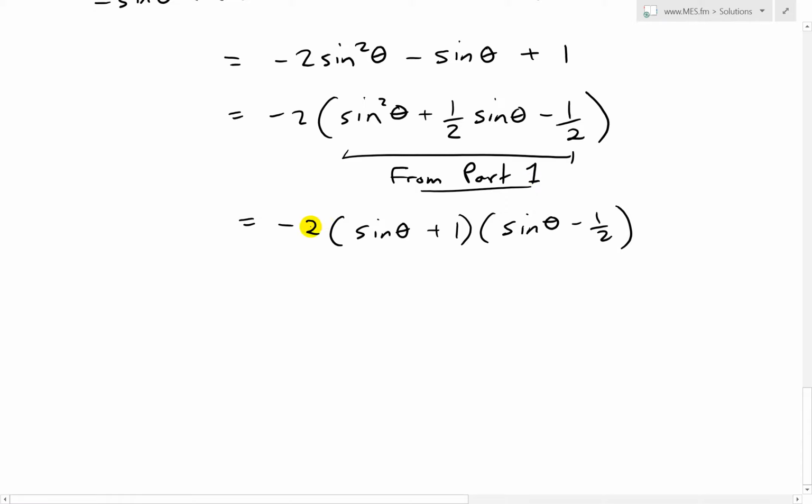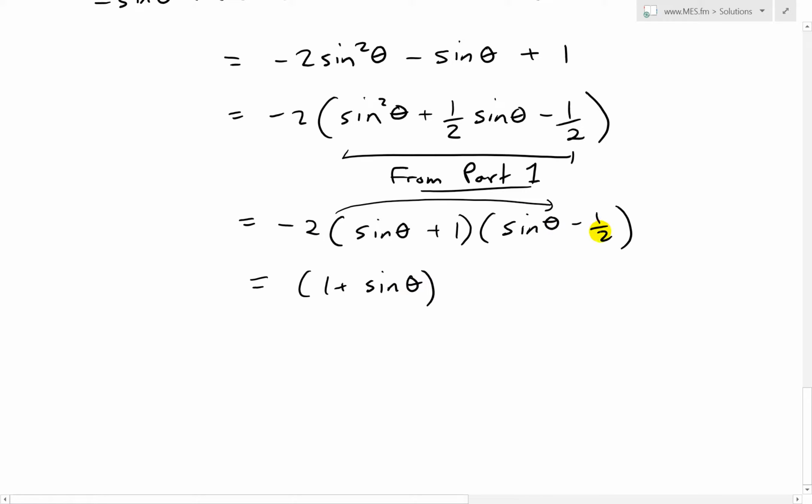Now we can just multiply this negative 2 inside to make it simpler. I'll rearrange this so it looks like the above formula. So this is going to be 1 plus sine theta, rearranged like that. Let's write this neater: 1 plus sine theta. And now we multiply this inside.